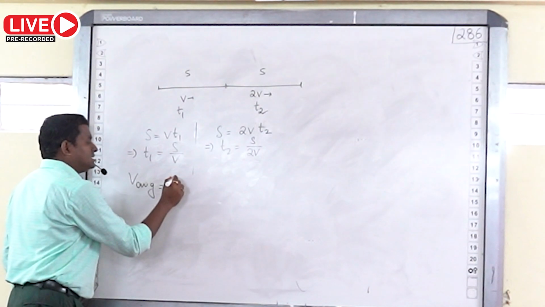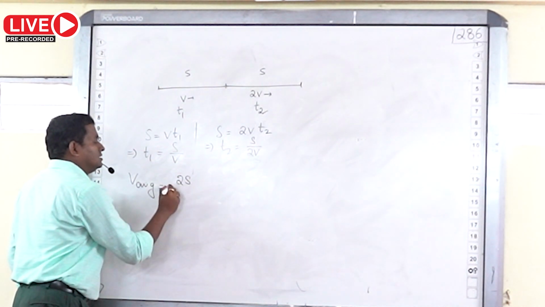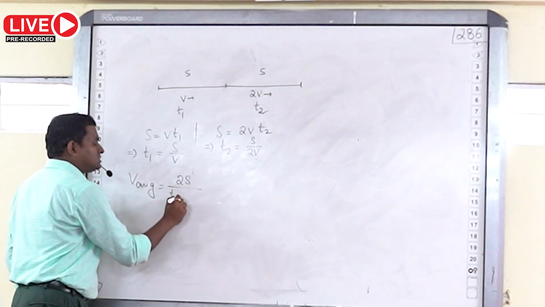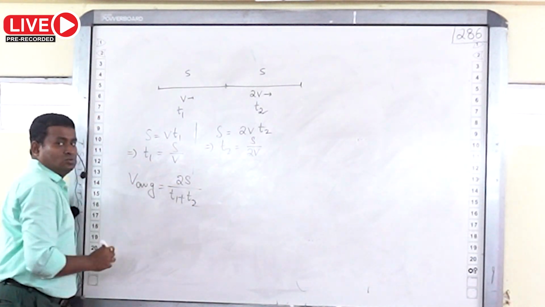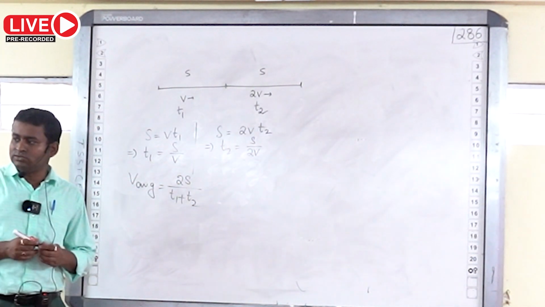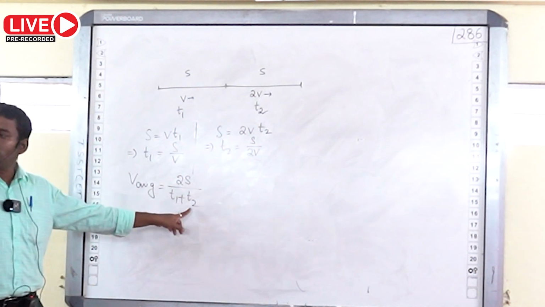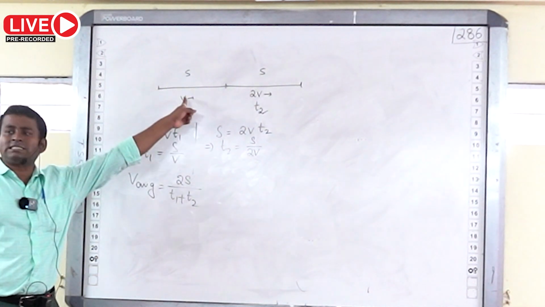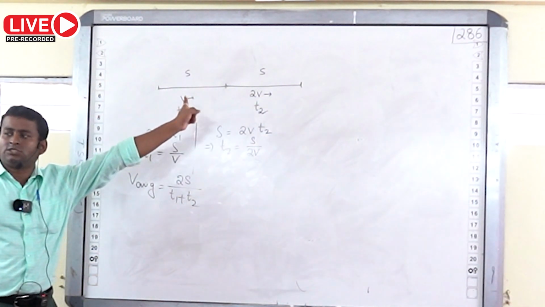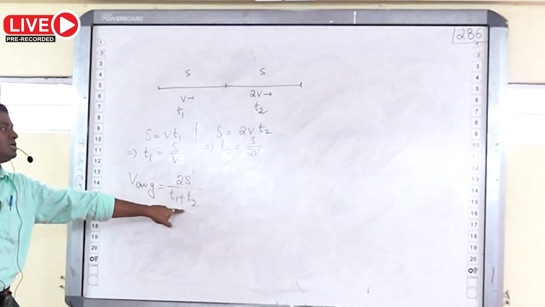Total distance traveled is 2s divided by T1 plus T2. That is the definition of the average velocity or average speed. That is total displacement by total time. Total time is T1 plus T2. Total displacement is s plus another s, that is 2s. Now substitute T1, T2 and calculate.